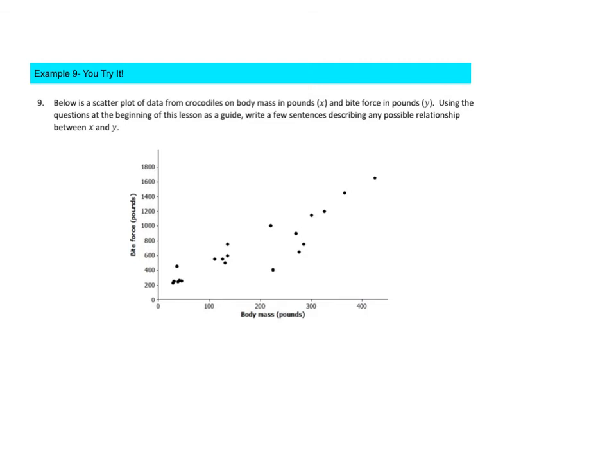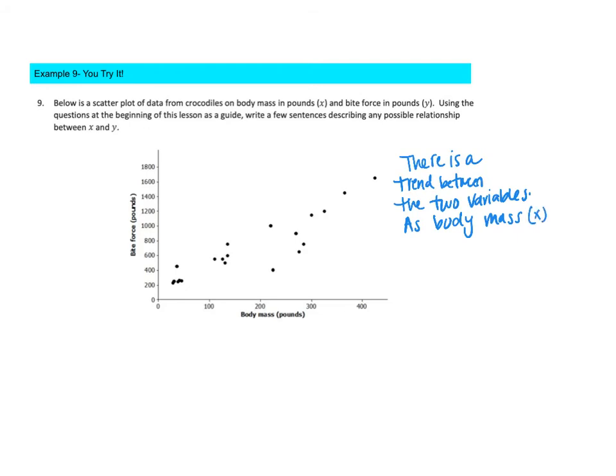Okay, you should have written something similar to what I've written here. There is a pattern, or there is a trend between the 2 variables. As body mass, which is your X, increases, bite force, which is your Y, also increases, making this have a positive trend.